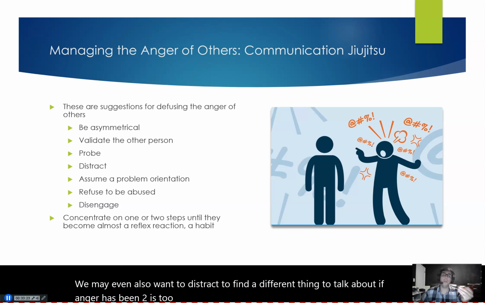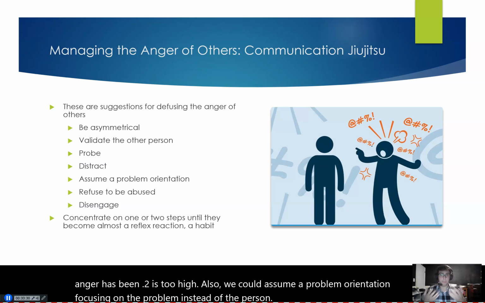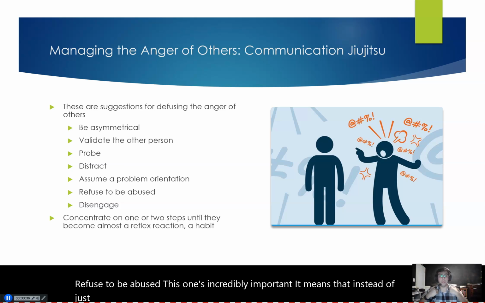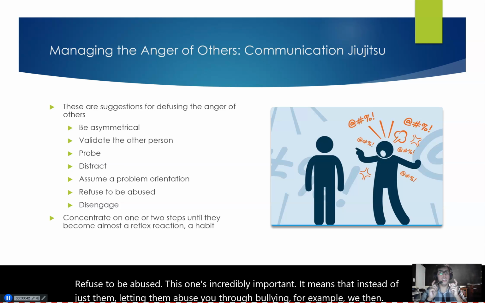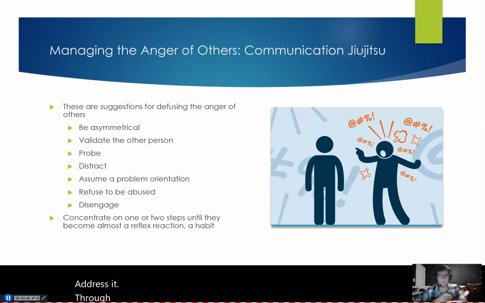Also, we could assume a problem orientation, focusing on the problem instead of the person. Refuse to be abused. This one's incredibly important. It means that instead of just letting them abuse you through bullying, for example, we then address it through confrontation, but in a collaborative way.